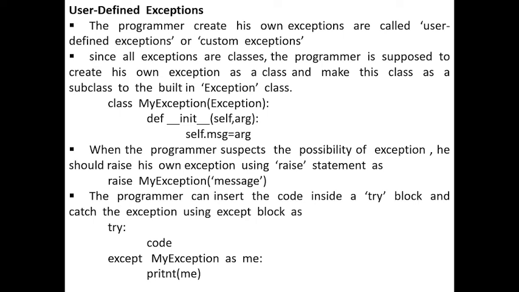When a programmer suspects the possibility of an exception, he should raise his own exception using the raise statement, as raise MyException('message'). The programmer can insert the code inside a try block and catch the exception using an except block: try: code; except MyException as me: print(me).